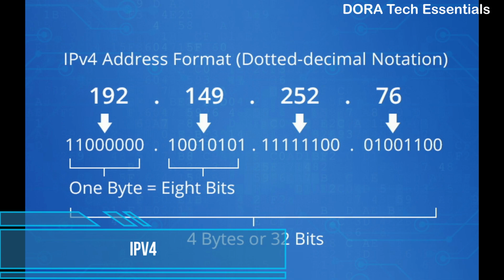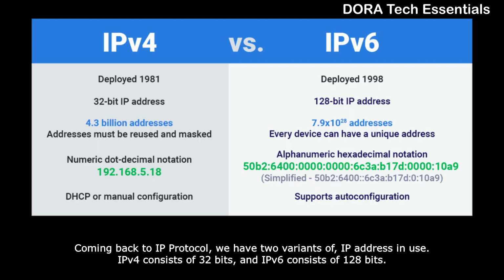Coming back to IP protocol, we have two variants of IP address in use. IPv4 consists of 32 bits, and IPv6 consists of 128 bits.